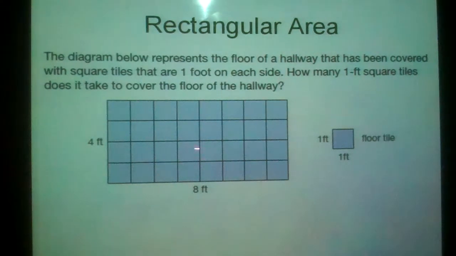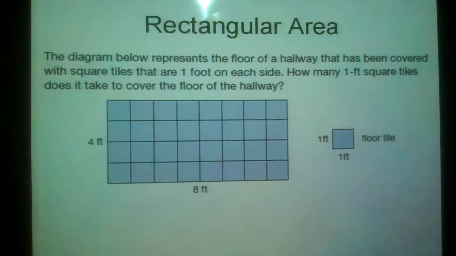So here we'll be looking at square footage. That's very typical for a house buyer or something like that. This is a square foot right here, a 1 by 1 foot square. So how many of those fit into this 4 by 8? And we'll see that we can take a shortcut with our area in a second here. If we counted up all these, we would get 32 square feet, or 4 times 8 is 32 square feet.